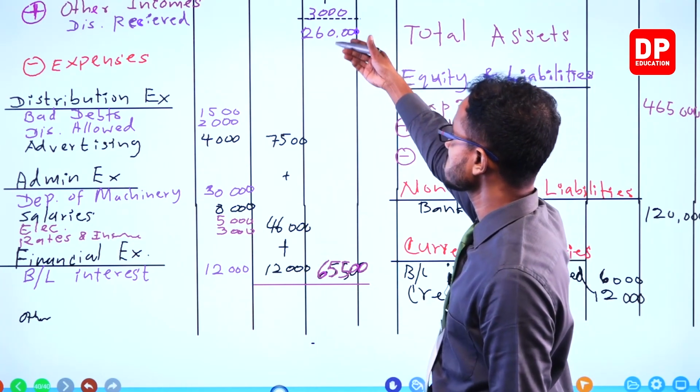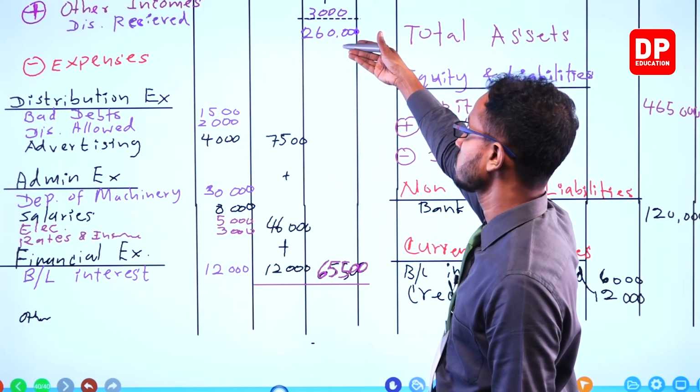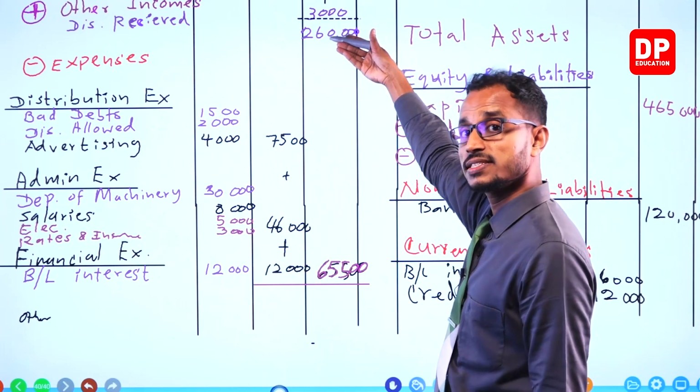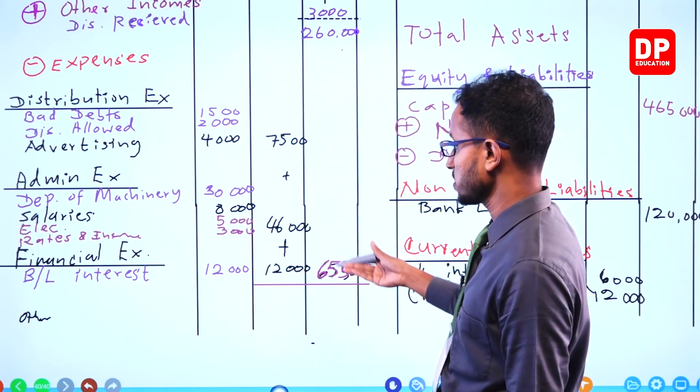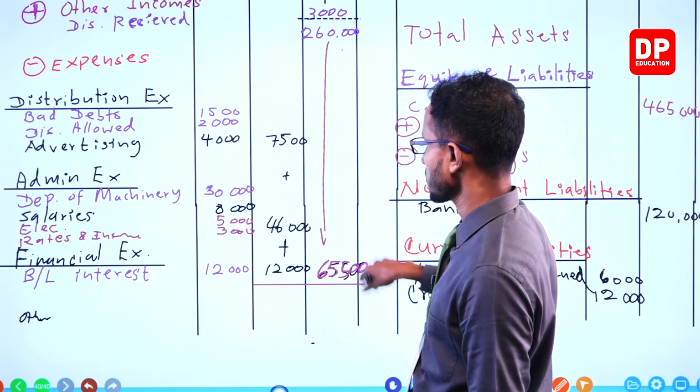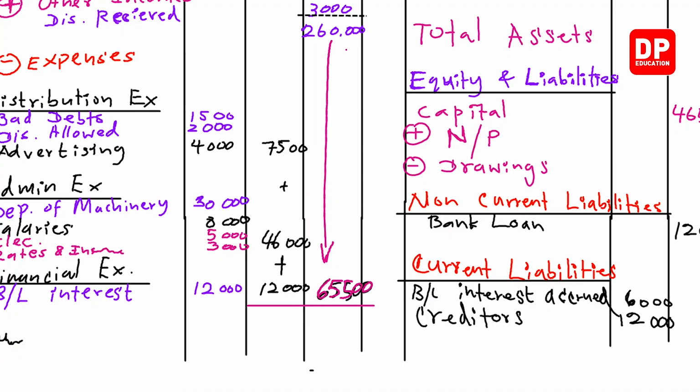From this, the gross profit plus other incomes, you got 260. From that minus the expenses. So a subtraction.